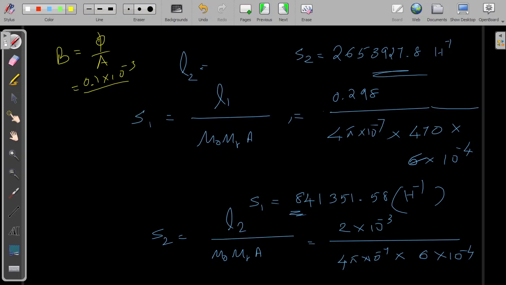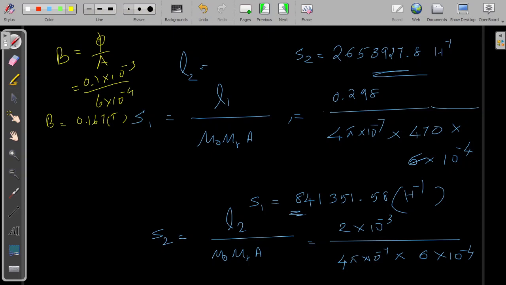The same area of cross section can be applied to the air gap also, so it will be 6 into 10 power minus 4. So B will be constant, 0.167 Tesla or Weber per meter square.